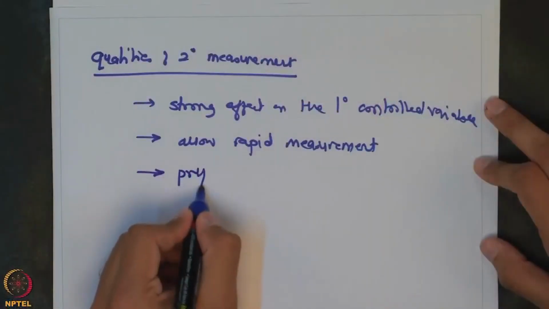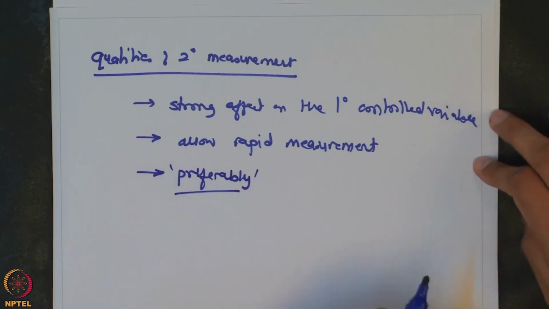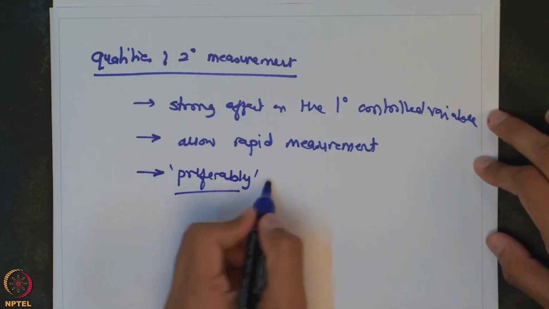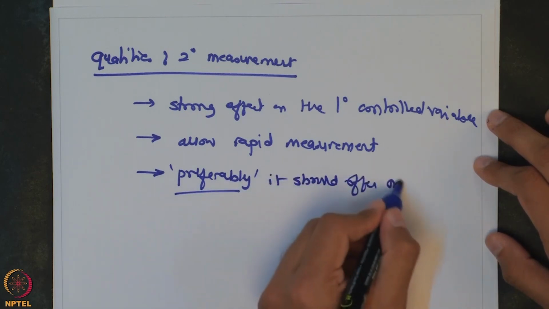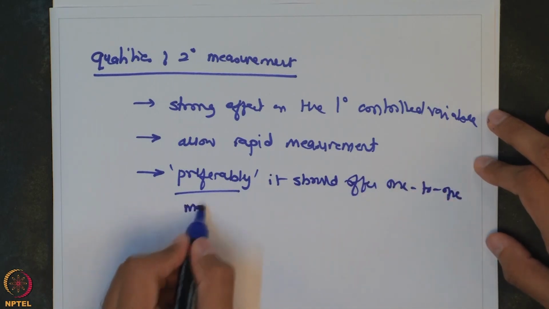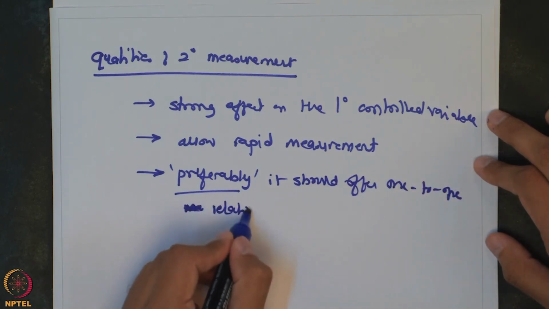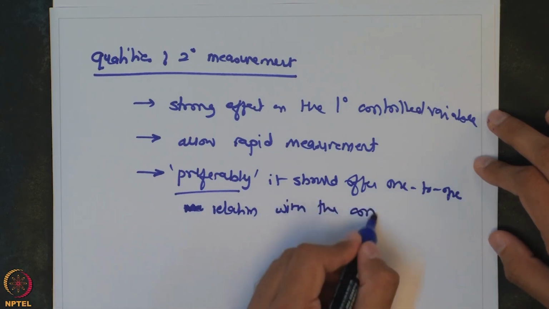And then lastly, which is a very tricky issue, is that preferably, and I am saying preferably because it is not always possible to do, it should offer one-to-one mapping or relationship with the controlled variable.